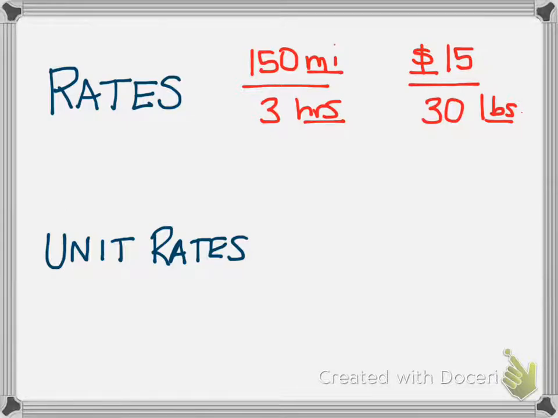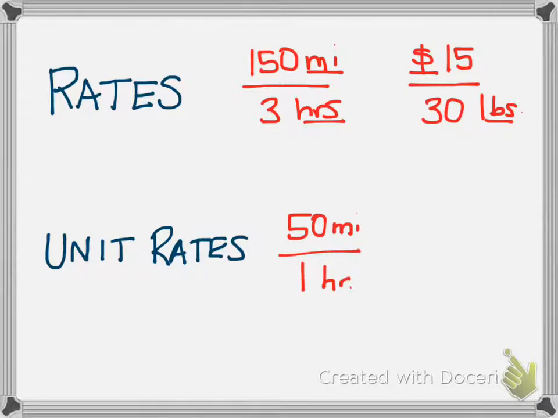and we learned that a unit rate is a rate that has the number 1 in the denominator. So we're going to learn how to find unit rates in the example today, but an example of a unit rate would be 50 miles in 1 hour.